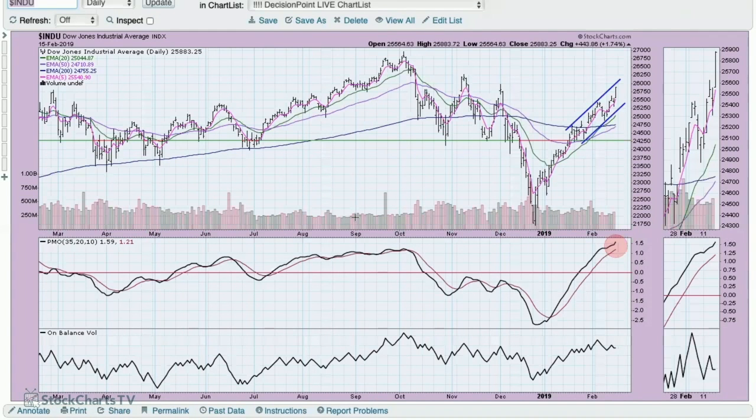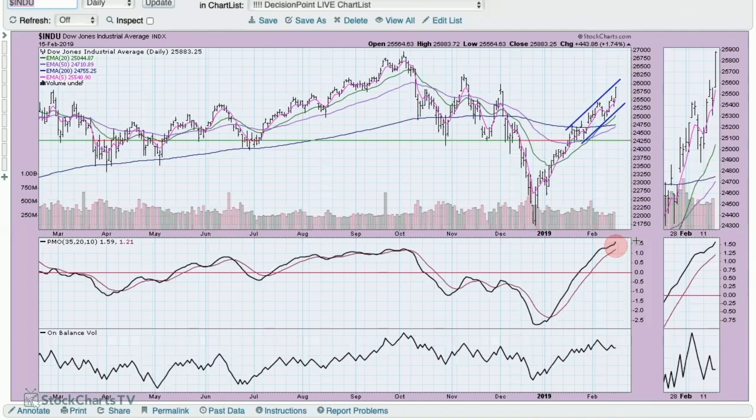All right. So I'm going to start off with the Dow. One of the things I want you to notice as I go through these large cap indexes are the forming rising wedges. Now, the Dow is still holding on to a rising trend channel in the shorter term, but you can see the PMO is now just extremely overbought for if we're in a bear market situation.